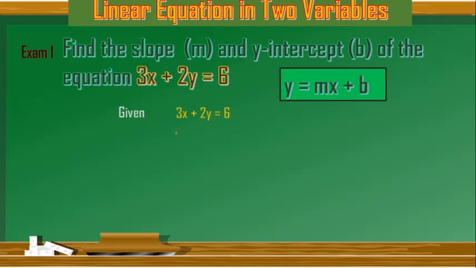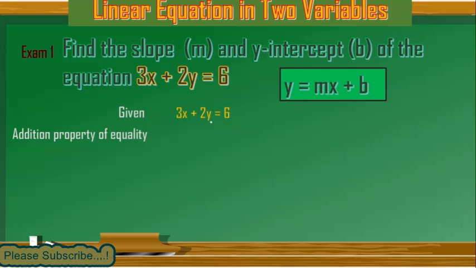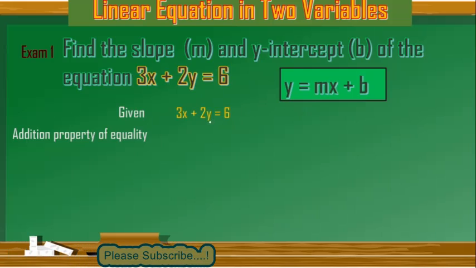Then the next step is to apply the addition property of equality. That means that if your target is y, you have to eliminate all the other terms, which in this case do not have a y variable.